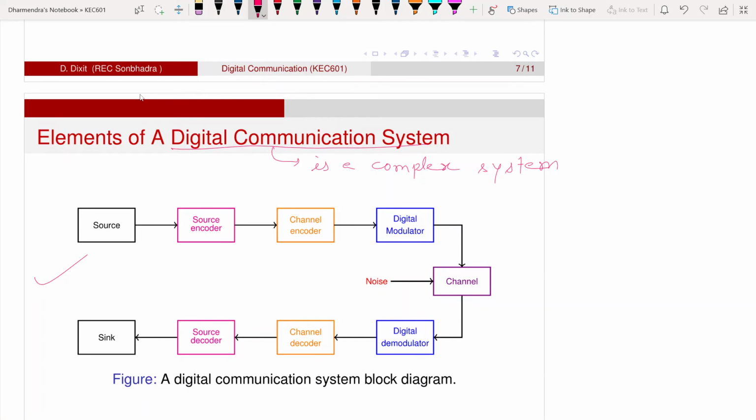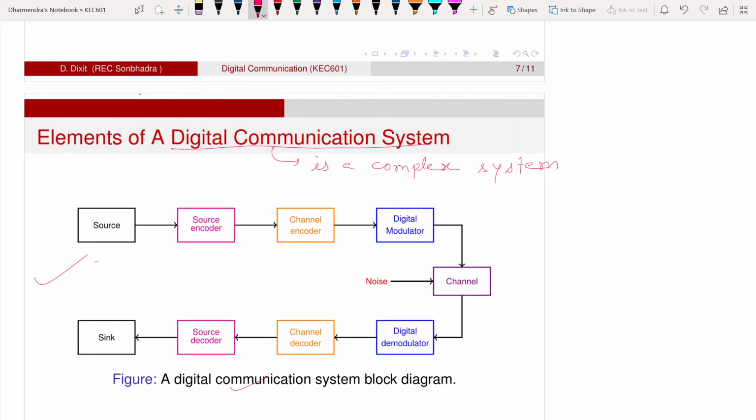So, in order to analyze or study it, we have to divide this complex system into several simple subsystems like this. This is a typical block diagram of a digital communication system.